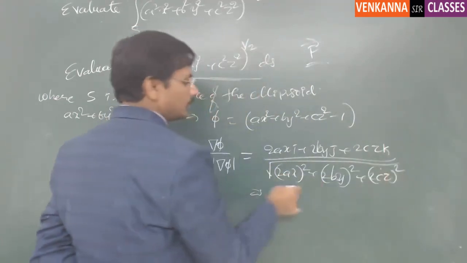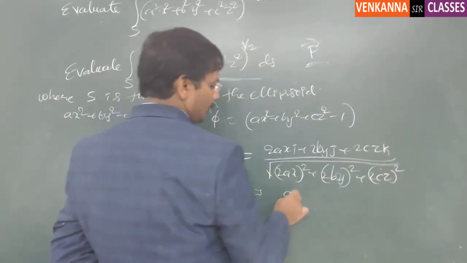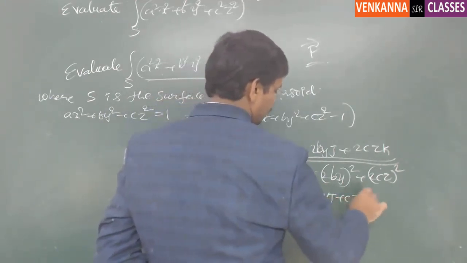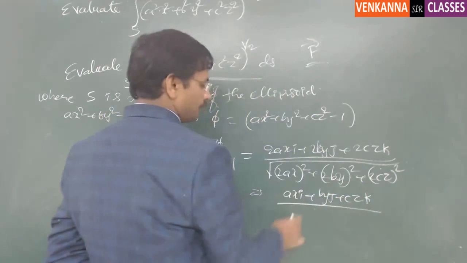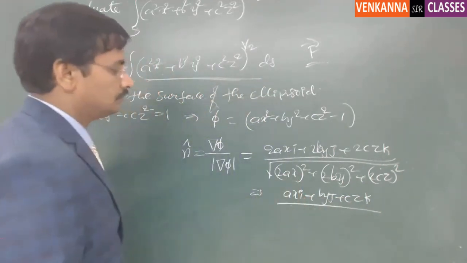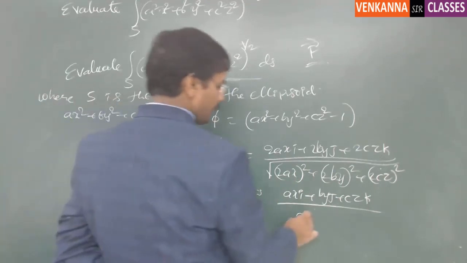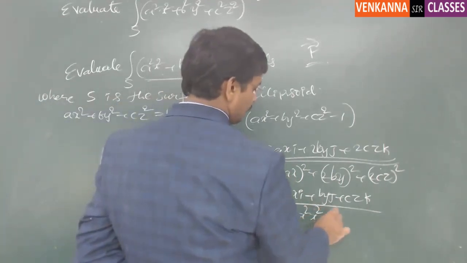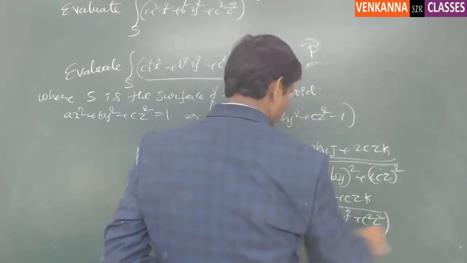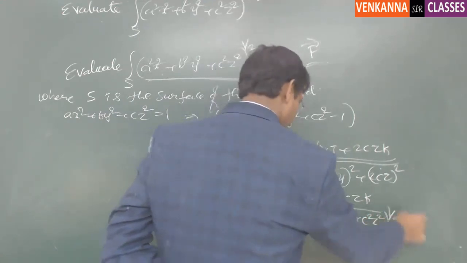Now if you take the 2 out, then it is (ax i + by j + cz k) divided by (a²x² + b²y² + c²z²)^(1/2).